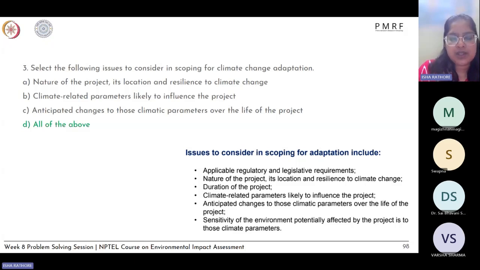Along with this, we also look at the applicable regulatory and legislative requirements, again different for different countries, the duration of the project, and climate related parameters which are likely to influence the project, and changes to those climatic parameters over the life of the project, and sensitivity of the environment potentially affected by the project to those climate parameters. Okay, so D, all of the above is the correct answer. So moving on to the next question.